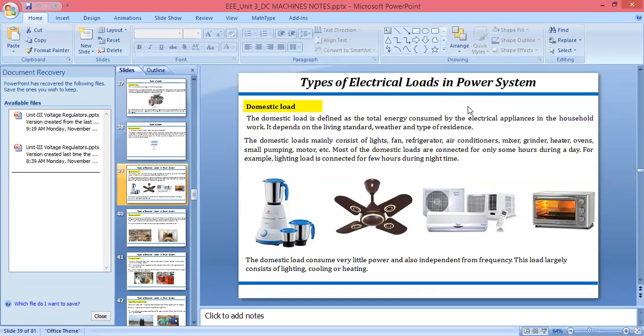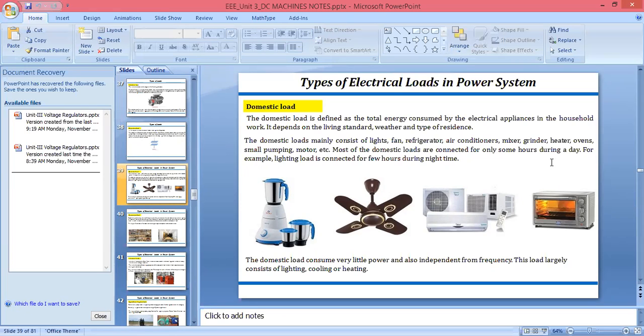The domestic load is defined as the total energy consumed by electrical devices in household work. It depends on our living standard, our weather and our residence. The domestic load mainly consists of light, fan, air conditioner, refrigerator, microwave, grinder, heater.